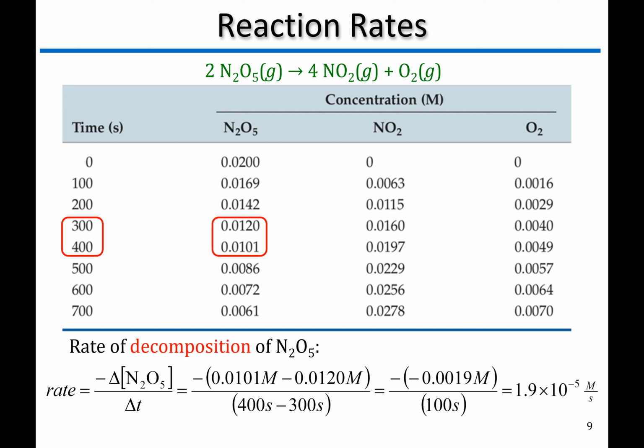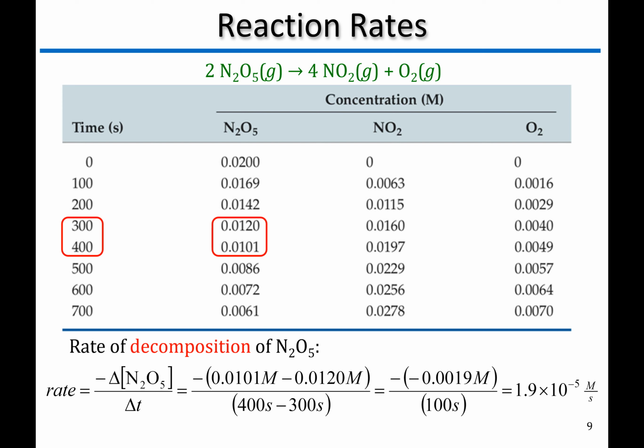So we can measure something like the rate of decomposition of N2O5 at a given time period. Remember we wrote these general reaction rates before. We said the change in the concentration of N2O5 over delta t, and we said this was negative since it's decreasing.